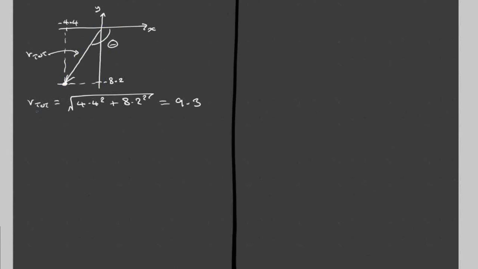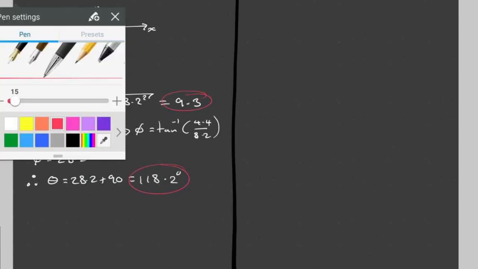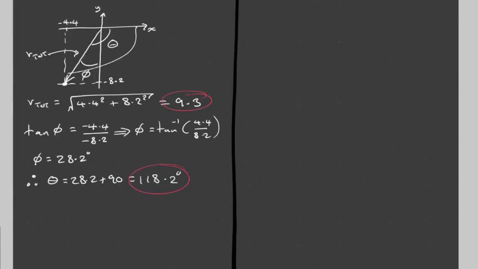So using SOHCAHTOA, tan of this small angle, I'll call it phi, tan of phi is minus 4.4 divided by minus 8.2. So phi is tan to the minus 1 of 4.4 over 8.2. So phi is 28.2. Therefore, theta is 28.2 plus 90, 118.2. And we should remember that it's actually below the x-axis, so that should be minus 118.2.